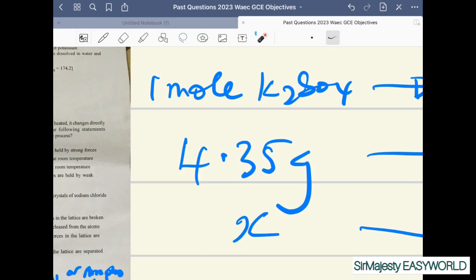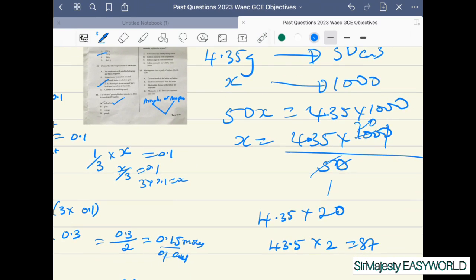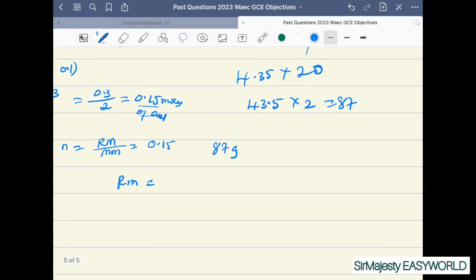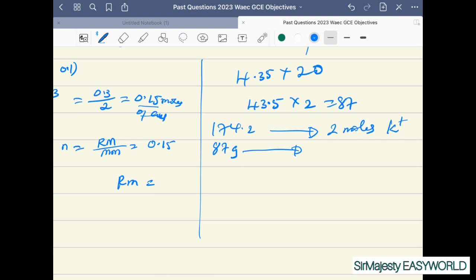So we come back here and use that fact: if 174.2 will give us 2 moles of potassium, remember, from the equation I balanced, then the 87 grams that was dissociated in the solution will give us X. Looking at this, 87 is automatically gotten by dividing 174 by 2.